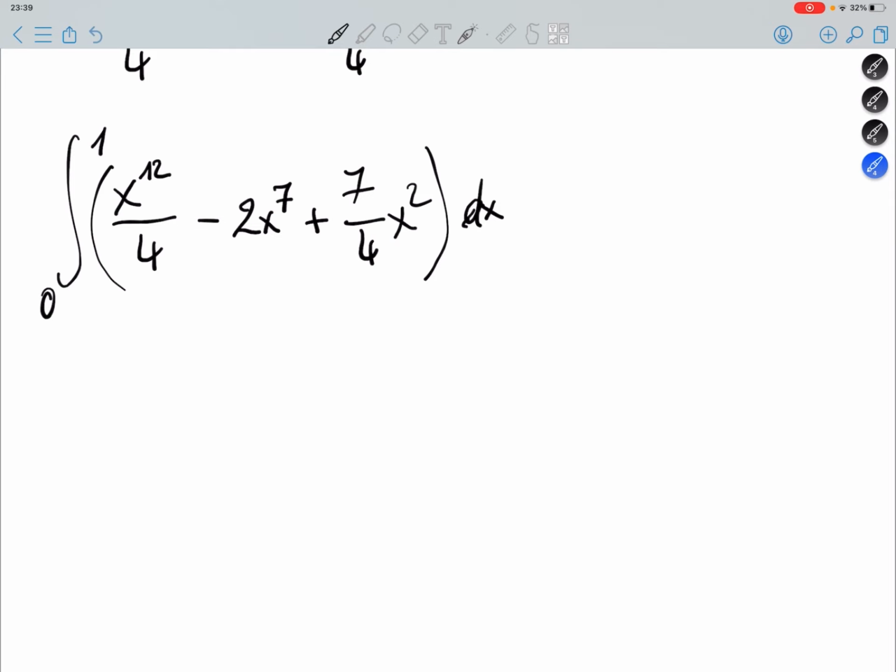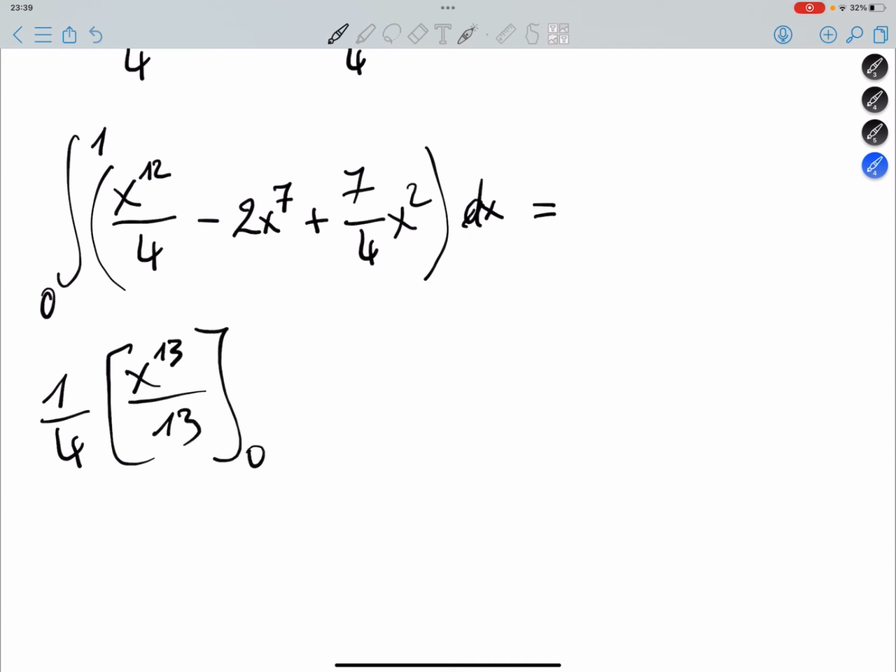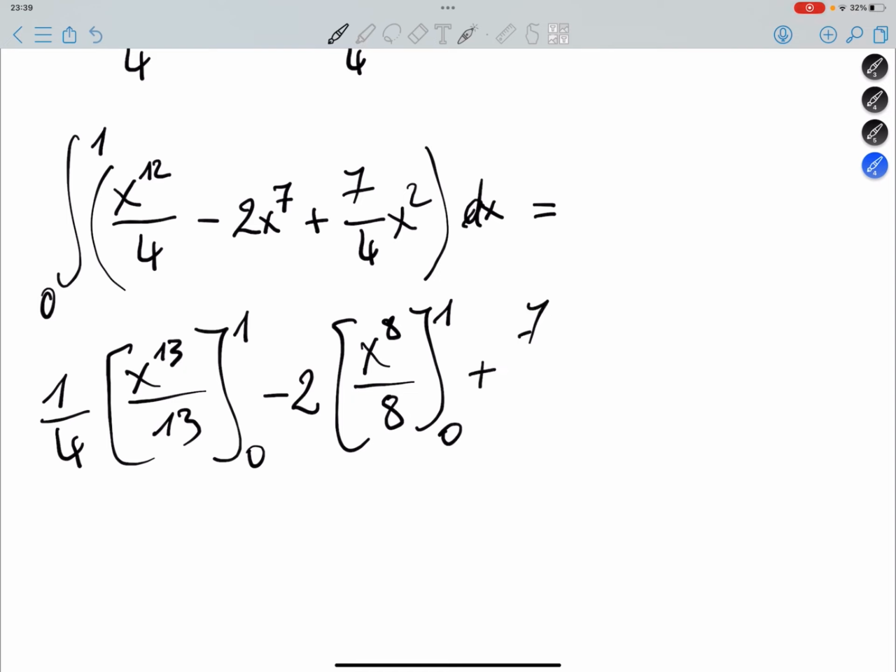Now we have to do the integral with respect to x, and that is equal to: 1 over 4 goes out, which is the constant, and then we have the integral x to the power 13 over 13, that goes from 0 to 1, and then minus 2, we do the same, x to the power 8 over 8, that goes from 0 to 1, and then plus 7 over 4, x cubed over 3, that goes from 0 to 1.